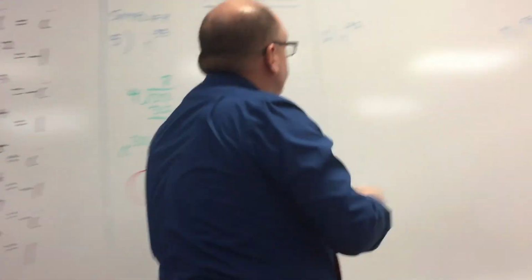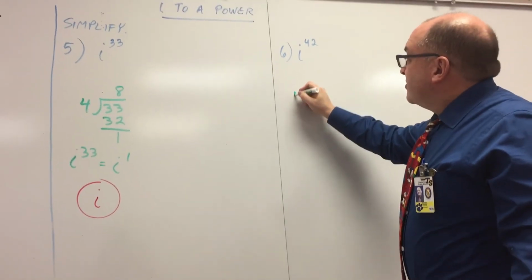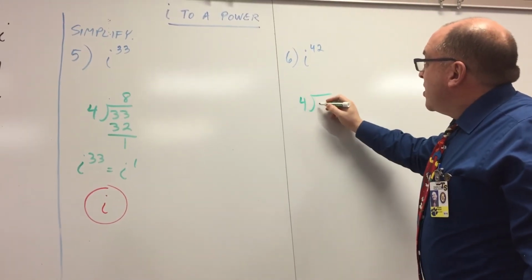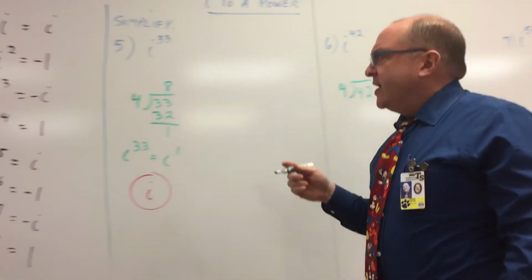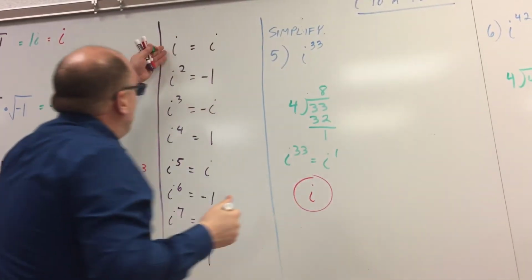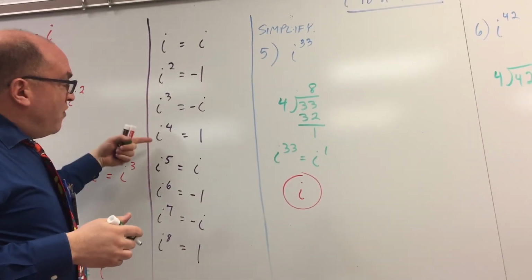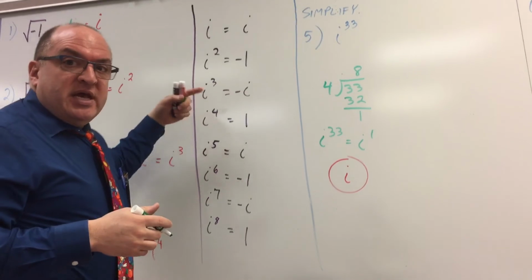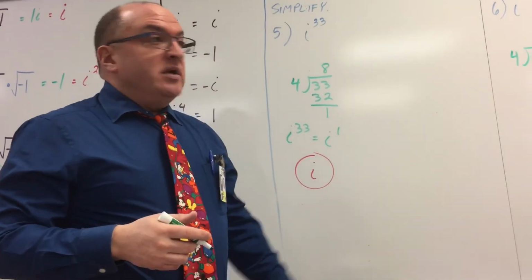Over here, i to the 42. How many times does 4 go into 42? Oh, why did I use 4, by the way? Because it's 1, 2, 3, 4 that repeats every time. It's 4 repeating numbers every time. Okay? Wait, so you always use 4? Always.